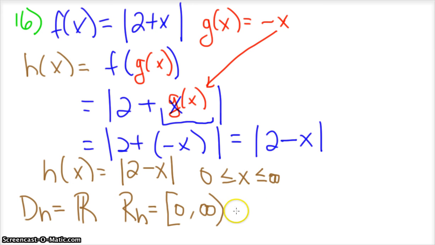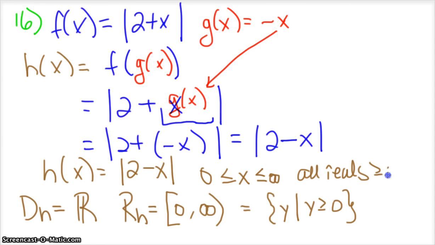If I wanted to use set notation, this would look like set of y such that y is greater than or equal to 0. That's how you write it in set notation. That's how you write it like that, interval notation, or you could say all reals greater than or equal to 0. Okay?